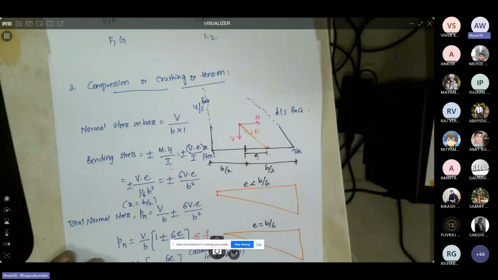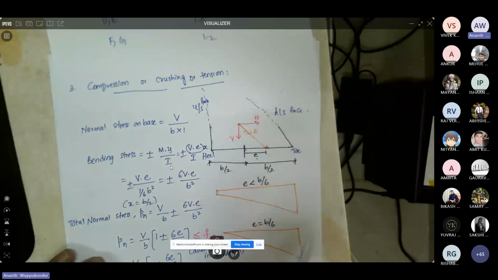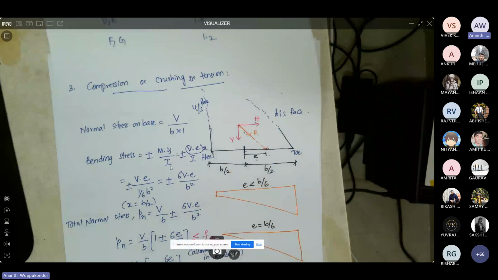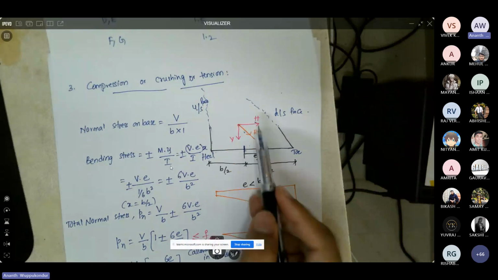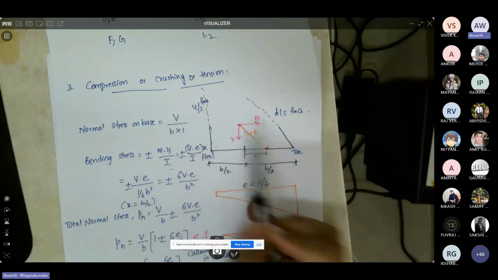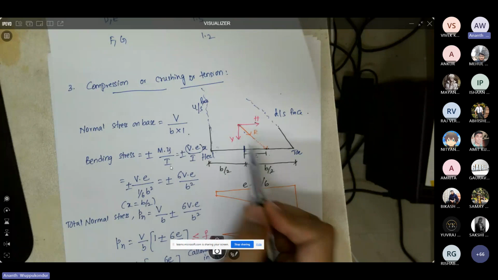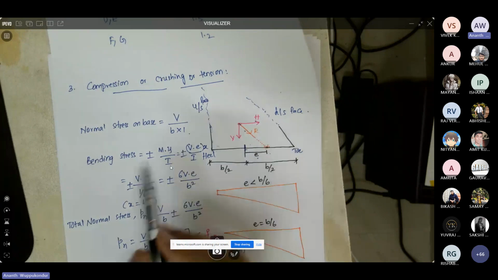Now, because of this resultant force, or because of the eccentricity, you are going to have bending stress as well. So directly because of the vertical force, you have normal stress on the base, which is simply the force divided by the area. And because of the resultant force acting at an eccentricity, you would have bending stress.